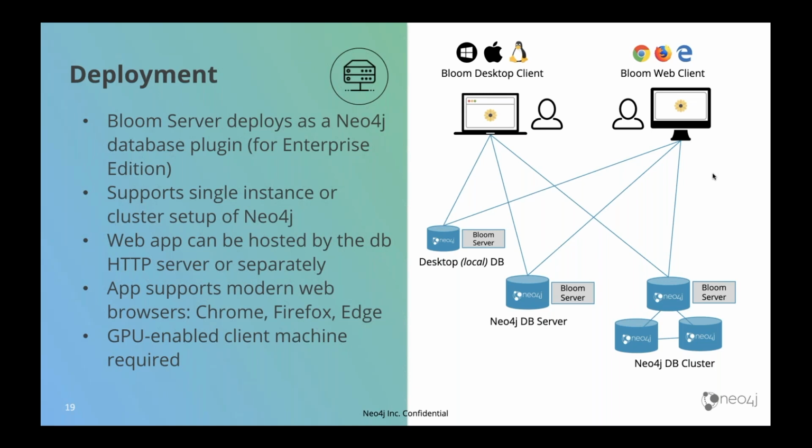You install inside of Neo4j Desktop, and you can connect it to a local instance of Neo4j, a server instance of Neo4j, a cluster of Neo4j, a cloud instance of Neo4j, any configuration you want. But really, from a user standpoint, it's a local install, and there was some sharing capability, but not a whole lot. And what we're coming up with now is a web browser-based version of Bloom.